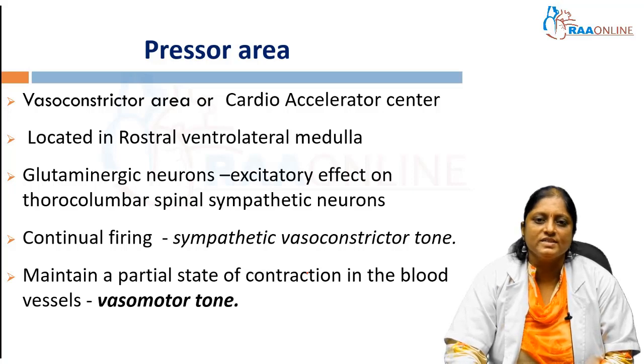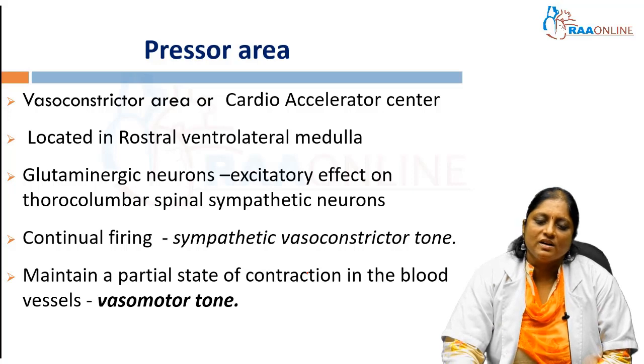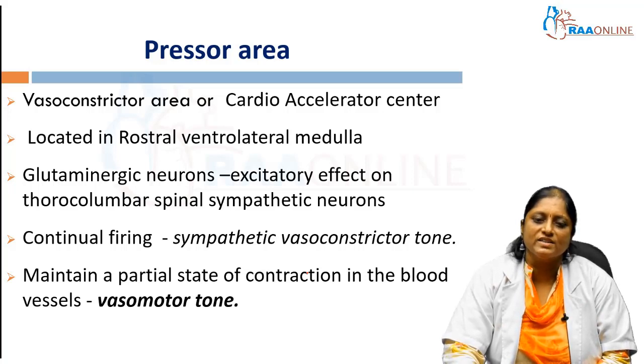This area contains glutaminergic neurons, which have an excitatory effect on the spinal sympathetic neurons present in the thoracolumbar region of the spinal cord. Normally, the neurons in this pressor area fire continuously, that is, they have some inherent tonic activity, so that they discharge impulses rhythmically and continuously.